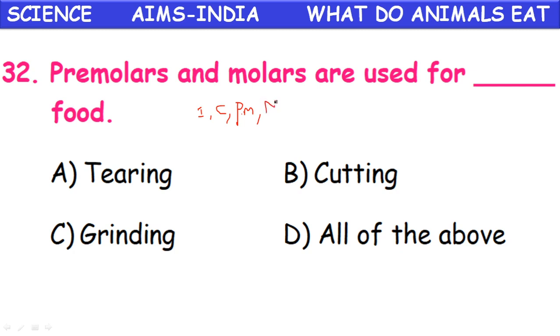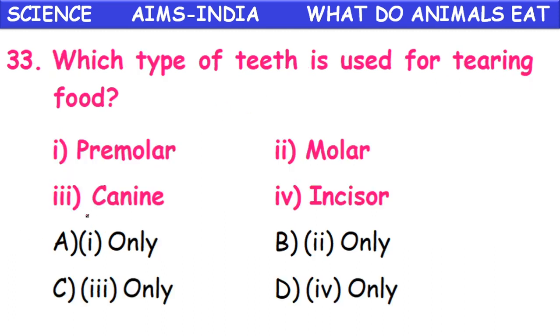Okay, total 32 teeth we possess as adults, but in children it is 20 they possess. So, whatever it may be, the types of teeth are incisors, canines, premolars and molars. So, here premolars and molars are used for grinding the food, chewing and grinding.